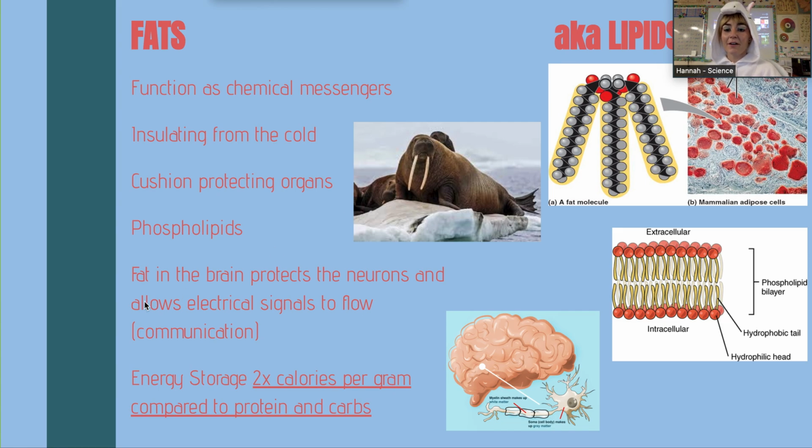It's important. Phospholipids are the exterior of all of our cells. It's what we call a phospholipid bilayer. And we'll learn about this when we learn of cellular structure. But essentially, we know now that there's hydrophobic and hydrophilic substances. Our phospholipid bilayer is made of fats, which we know is hydrophobic, which tends to be the tails on the inside.